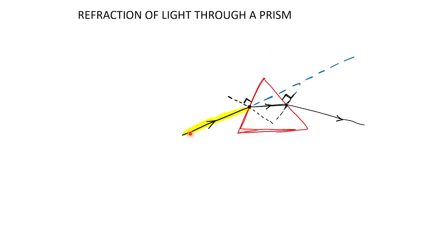The incident ray is supposed to move along this dotted line if the prism was absent. But since the prism is placed, there is bending twice. One bending takes place inside the prism, the other outside the prism. So there is a net deviation. There is an angle of deviation.